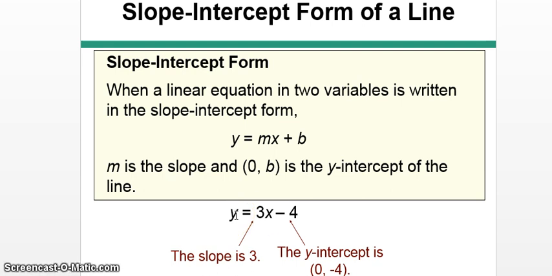Example, y equal to 3x minus 4, slope is 3, the y-intercept is (0, -4).